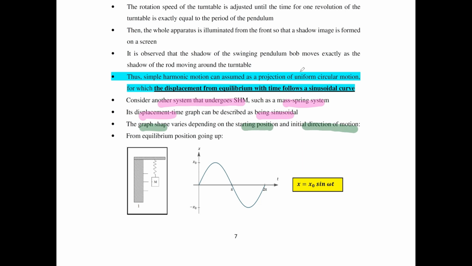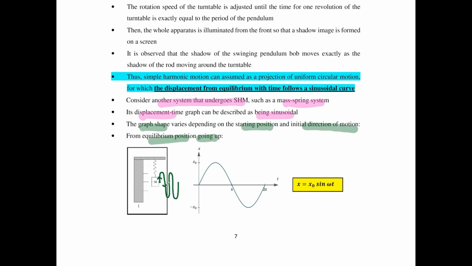If, for example, you had a mass spring system starting from the equilibrium position going up, you will see that it went up, then it went down, and then it went back up again in this manner.